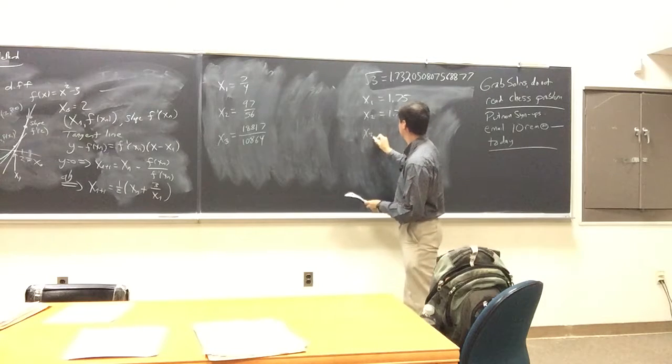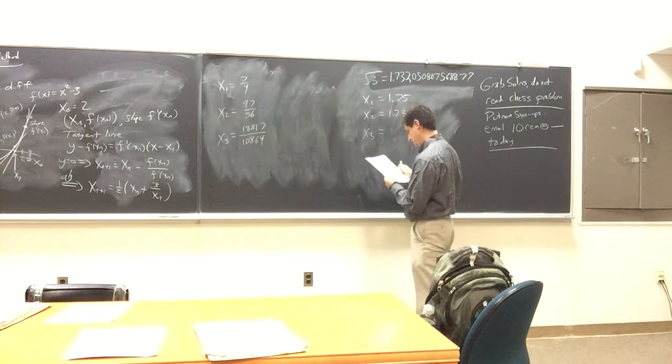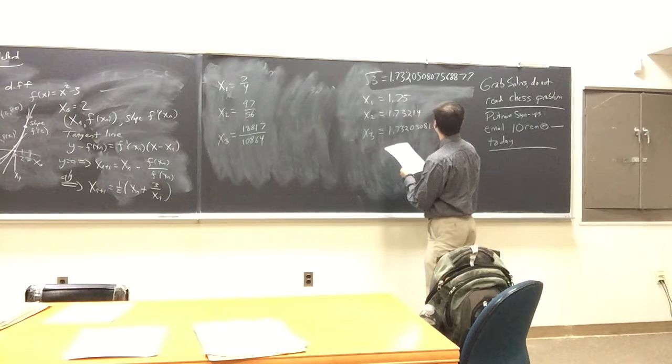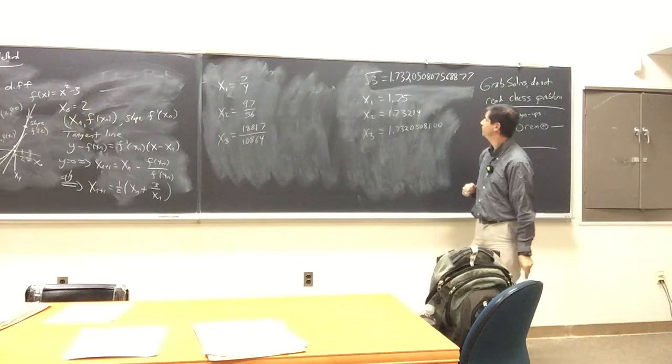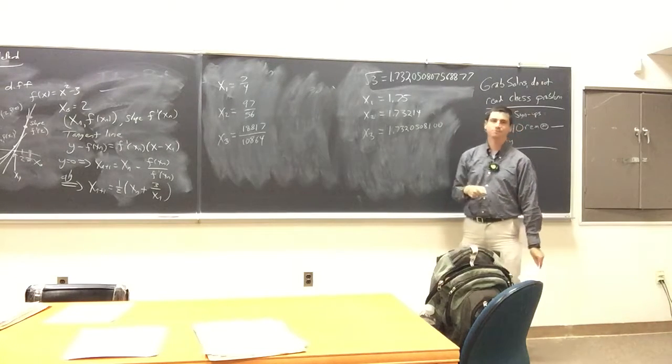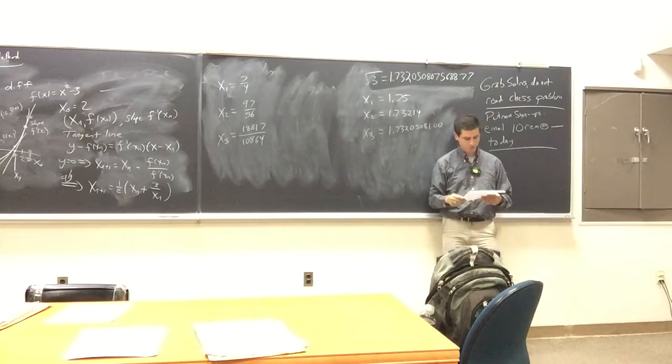If you do that, x3 is going to be 1.7320508100. So instead of 0.75, we're off by that, not that much more.